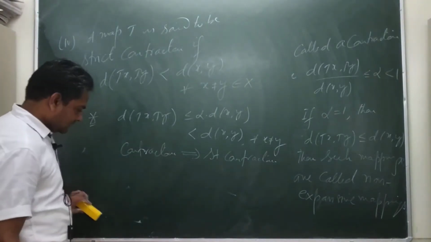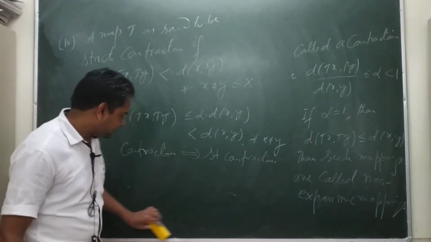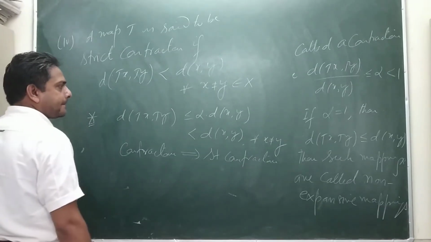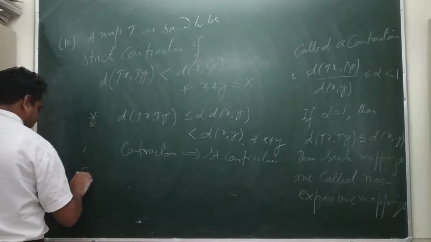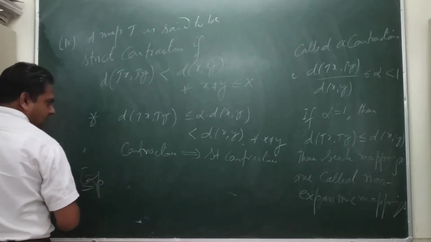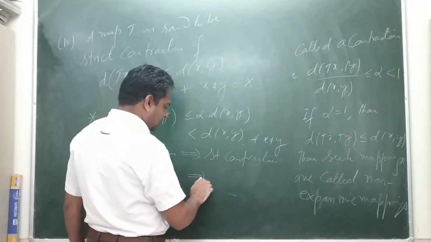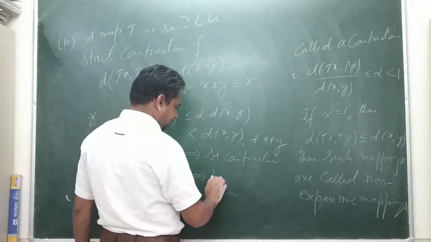Okay. So let us see some examples and later on more observations on these maps. So first of all, contraction and strict contraction always imply Lipschitz map.